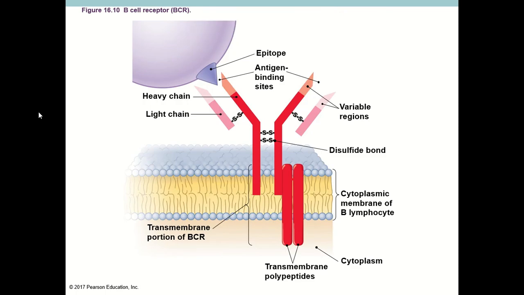Now for humoral immunity, we have B cells, or B lymphocytes. We're looking at the receptor of B lymphocytes, which is very specific for antigens. These B cells are going to produce 5 different types of antibodies.